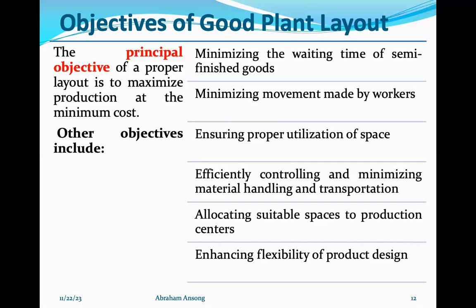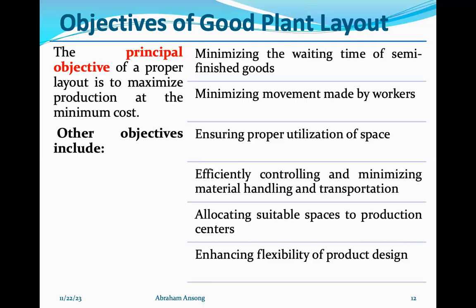Okay, so let's look at other objectives. Other objectives include minimizing the waiting time of semi-finished goods. Okay, so if it is properly laid out, once one aspect of the production is done, it should easily shift or move. The semi-finished product should move to the next stage for the other workers to pay attention to that until it becomes a finished product.